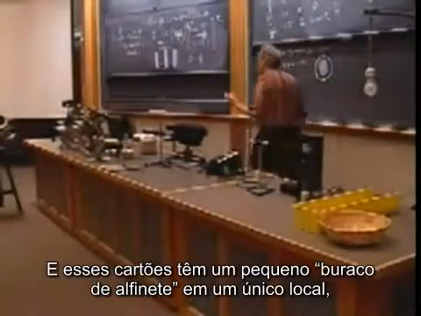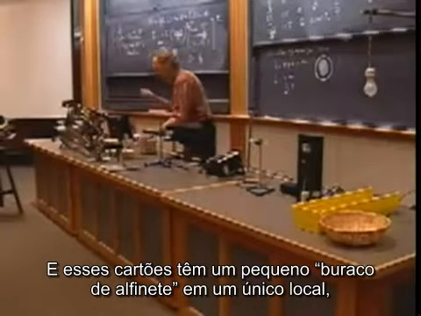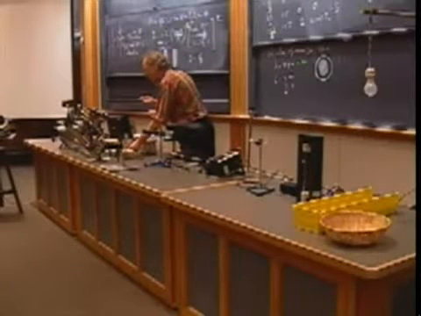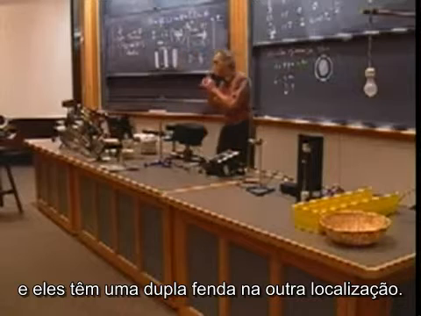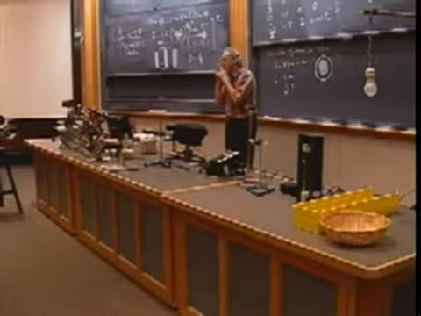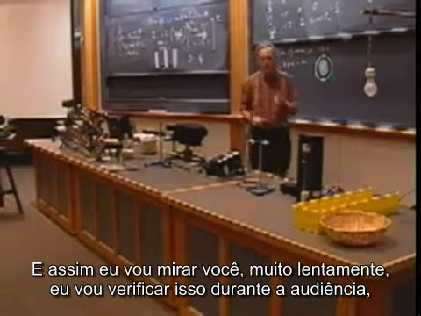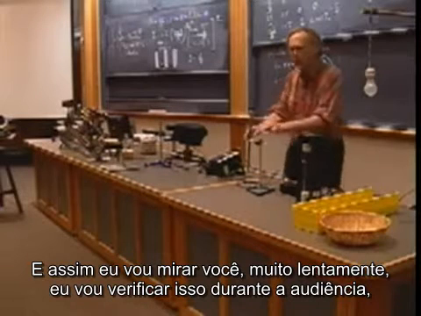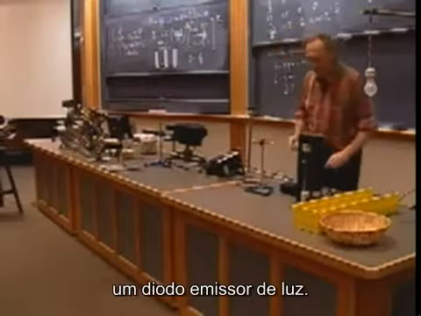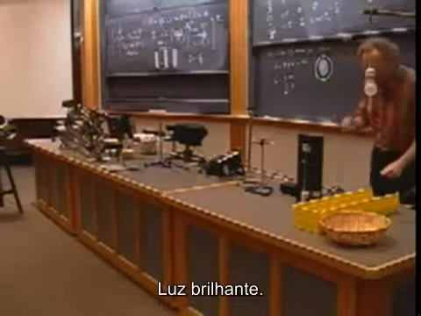To make you see it even better, we have handed out cards. And those cards have a small pinhole in one location, and they have double slits in the other location. And so I'm going to aim at you very slowly. I'm going to scan this over the audience, a light-emitting diode, bright light.